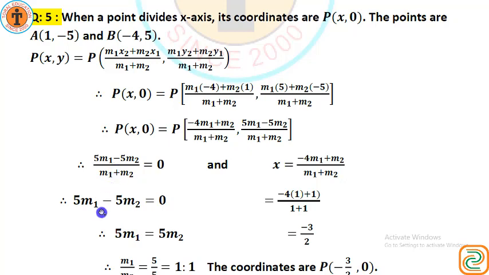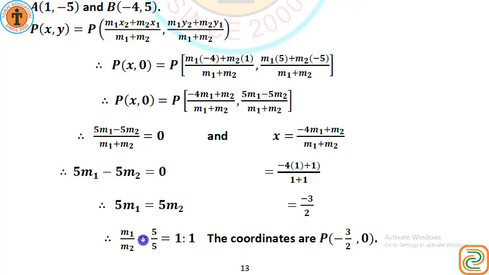From here m1 plus m2 goes there and becomes 0. So 5m1 minus 5m2 equals 0. So 5m1 equals 5m2 if we take this to the right side. So m1 upon m2 equals 5 upon 5. This m2 is here and 5 is here. That is 1:1. This is our ratio.